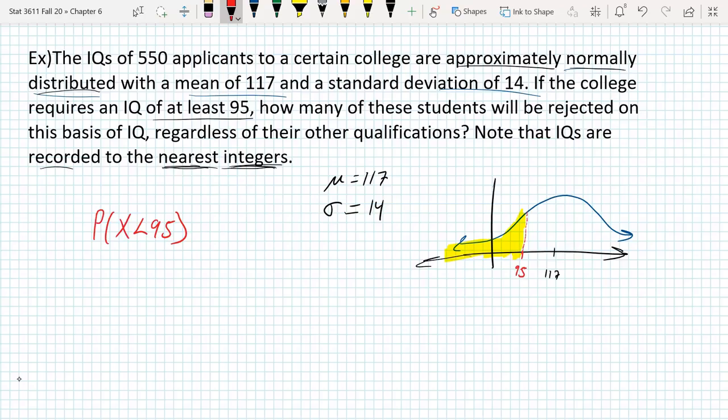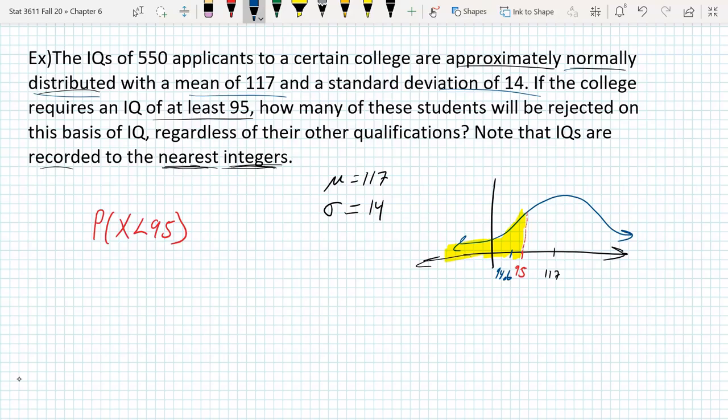But here's the thing about this. If you think about zooming in right here, IQs are recorded to the nearest integers. So let's say someone has an IQ of 94.6.